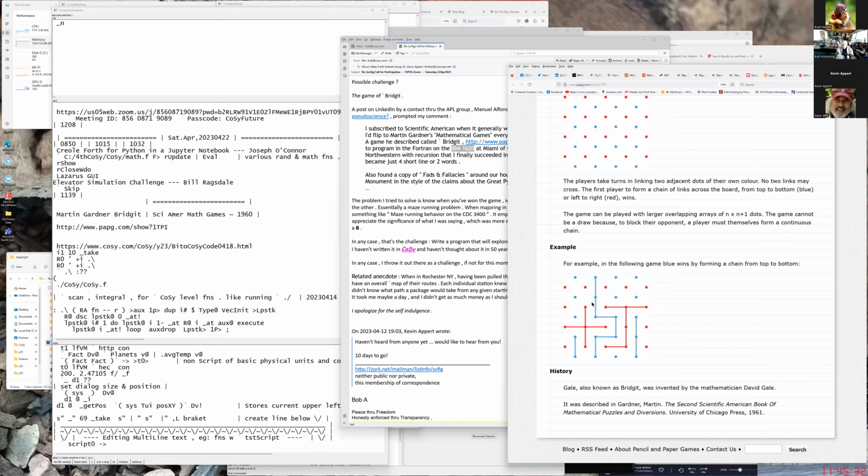But however I did it, it was relatively easy to make the moves. But the question I ran into is, okay, how do you know when you have a connected line from one side to the other? So essentially you're going through a maze. And the thing that I really remember is that I kept running into the fact that I had to save more state than I initially did.